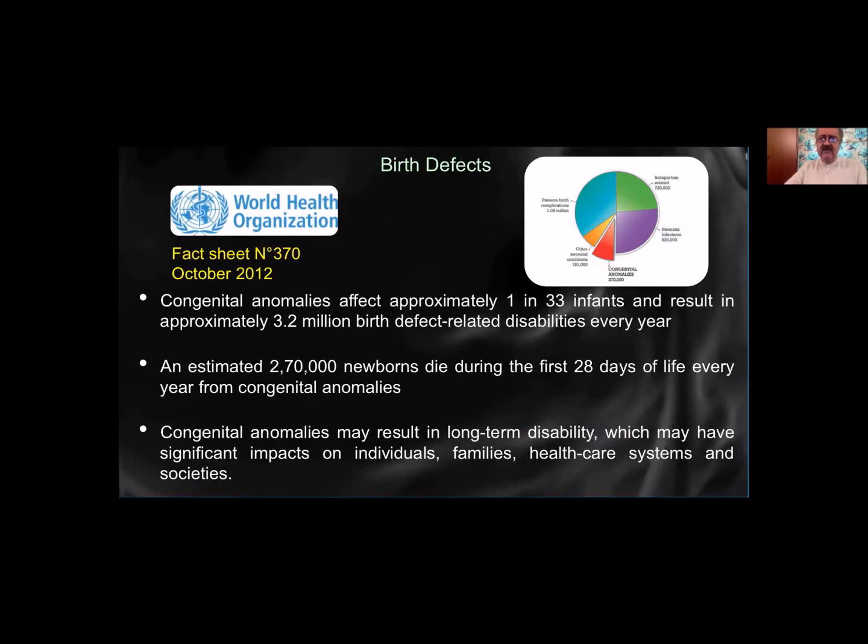Also, we have a huge neonatal mortality, and in the first 28 days of life, we presume that a little over 2.5 lakh newborns will die from congenital anomalies all over the world, which is really a huge number, and we need to do something about it.